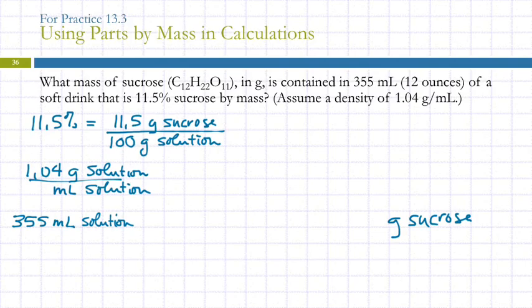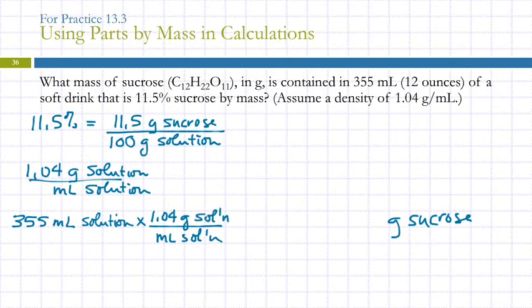Well, I've got milliliters of solution, and this uses milliliters of solution. So what if I put this in here? Stick that in there. That's milliliters of solution in the denominator and grams of solution in the numerator.